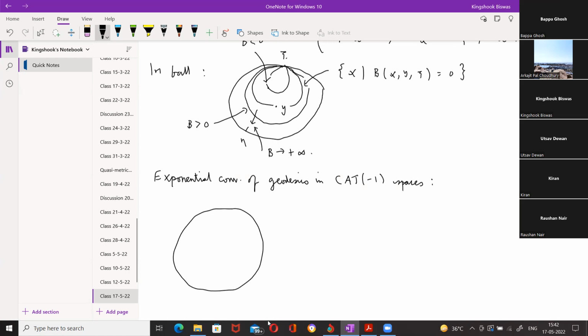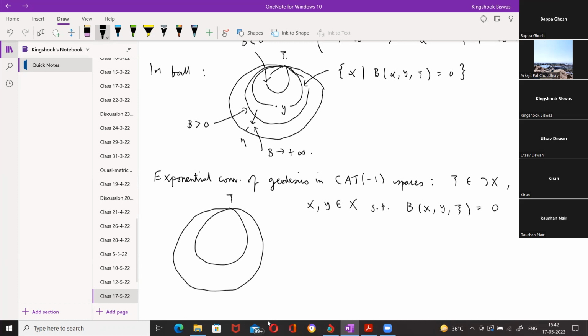Suppose I have two points which lie on the same horosphere. So suppose I have ξ, a boundary point, and x, y in X such that b(x, y, ξ) equals 0.